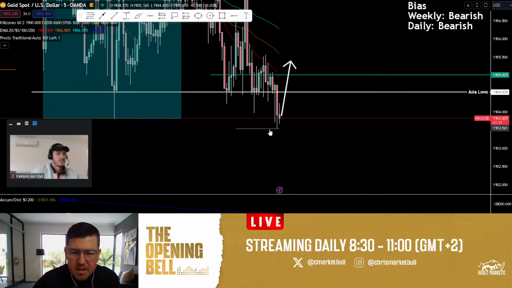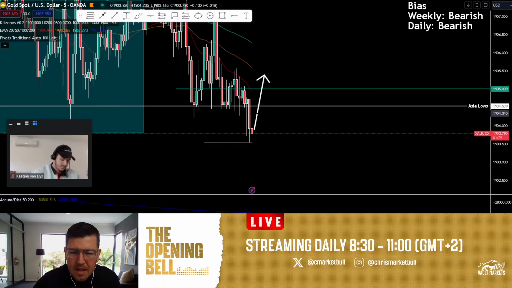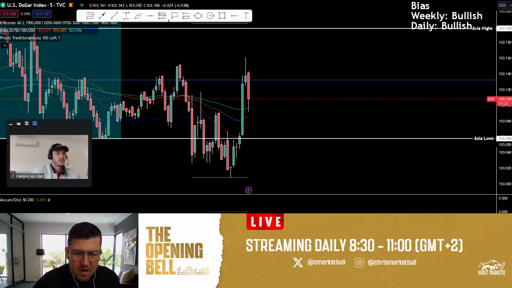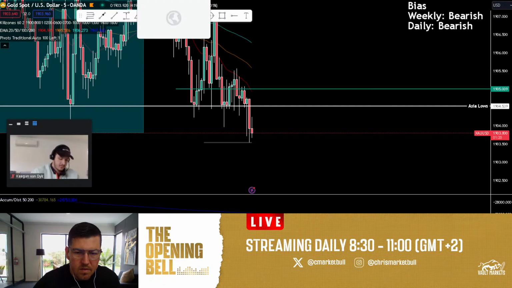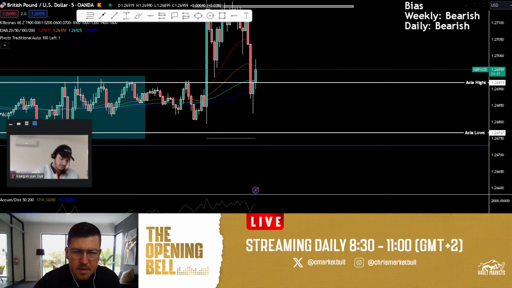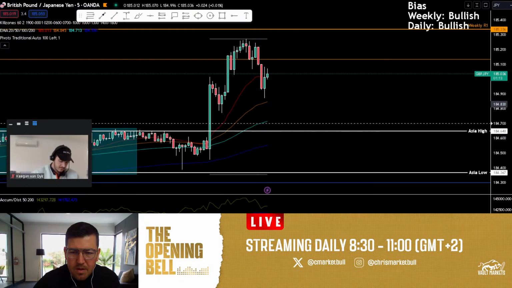And then for me, this would be the manipulation. And then we can trade higher from there. But those are the only two setups that I see: gold and GBP USD. So just patiently going to wait for the setup to print.